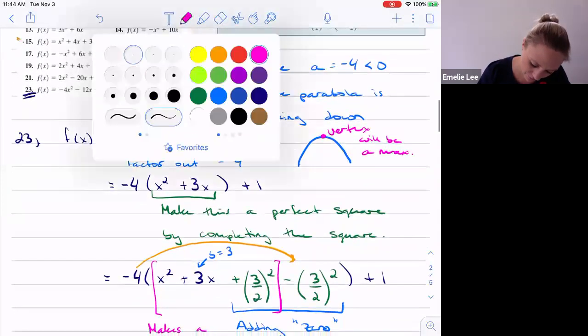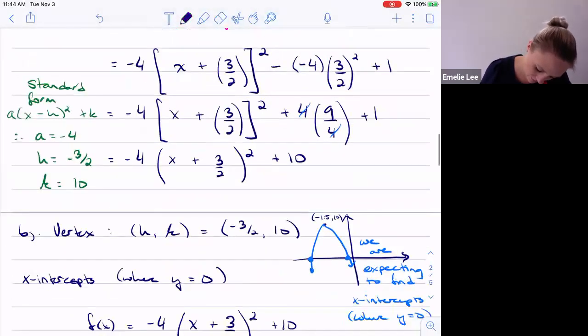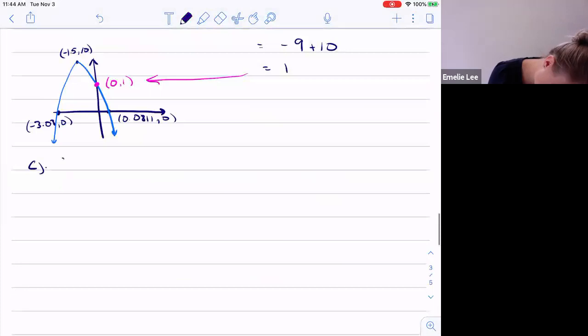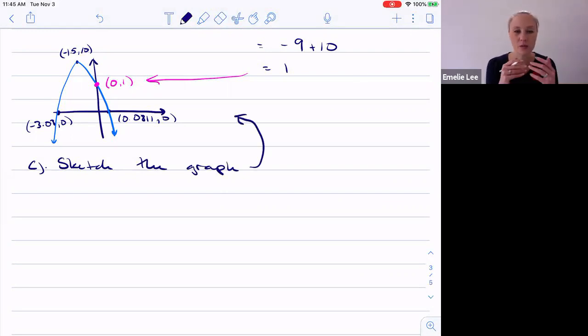Here, C, sketch the graph. We kind of did it as we went along. It's not a very nice sketch, but all the things are there, right? We've got our x-intercepts, our y-intercept, our vertex.